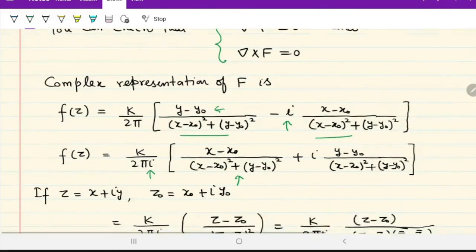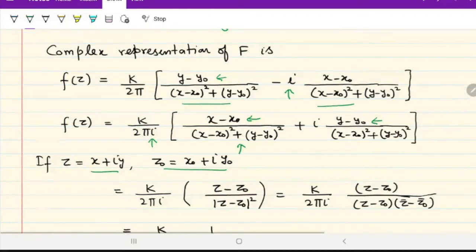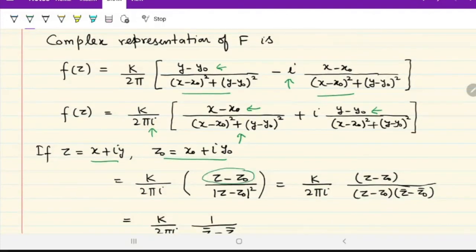Now if we fix this notation, z equals x plus iy and z naught equals x naught plus iy naught, then the numerator here is x minus x naught plus i times y minus y naught. That is nothing but z minus z naught. Our denominator is the modulus of z minus z naught squared. So the modulus of z minus z naught would be the square root of x minus x naught squared plus y minus y naught squared.